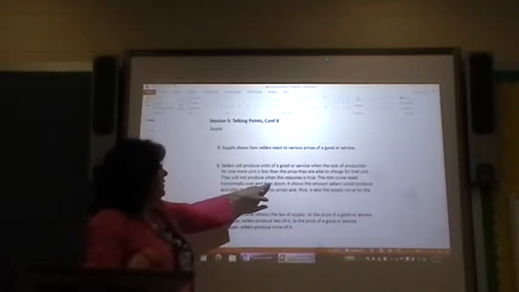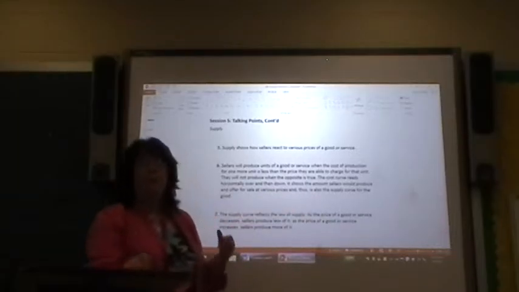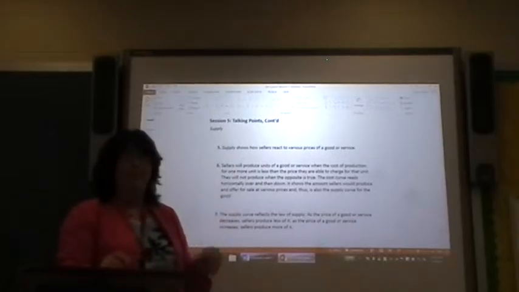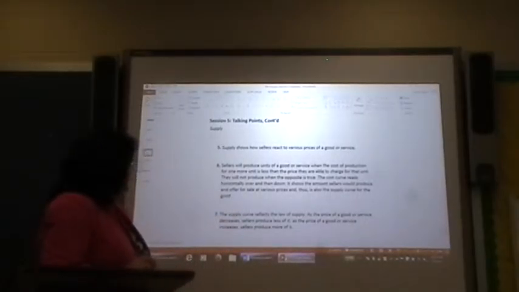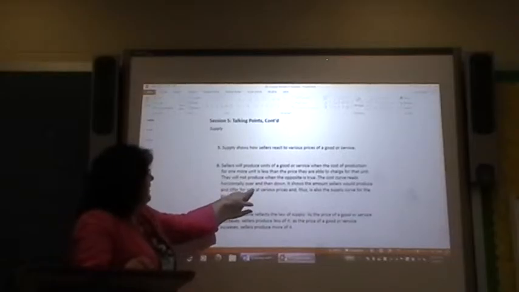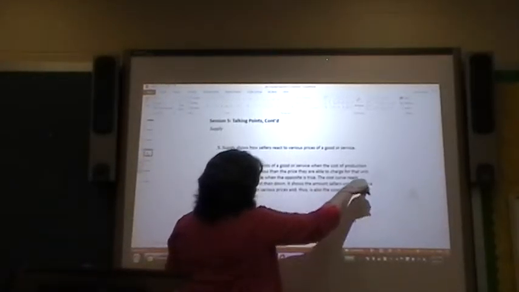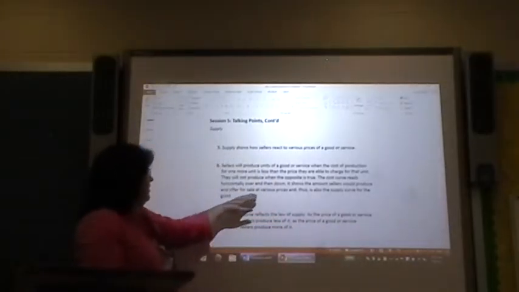They will not produce when the opposite is true. So if they're going to lose money on each unit, they are likely to stop production, and that will drop supply. The cost curve reads horizontally over and then down. So that's going to go to the right over and then down to watch the cost curve.